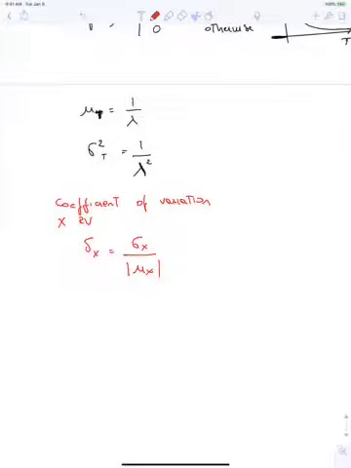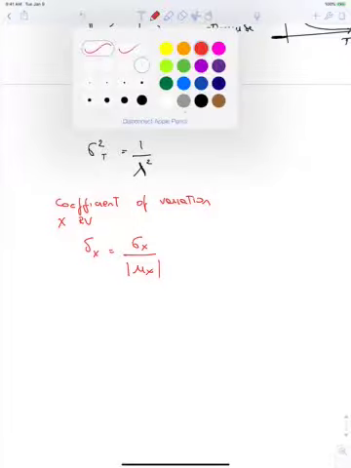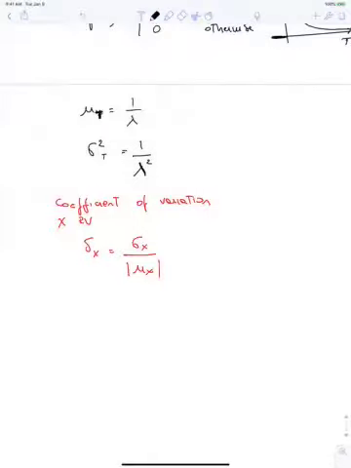Now, if you look at the statistical estimators that we commonly use, let's say we're looking at something that represents a length. Let's say that the random variable x is in meters, then the mean of x is going to be in meters, the variance of x is going to be in meters squared, so the standard deviation is going to be in meters as well.